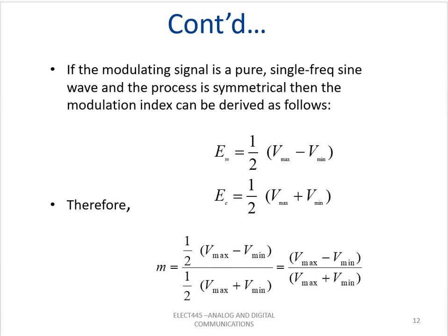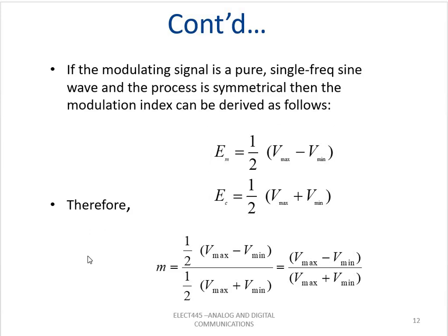If the modulating signal is a pure single frequency sine wave and the process is symmetrical, then the modulation index can be derived as follows. We can see from the above figure that Em is equal to 1/2 (Vmax minus Vmin), and Ec is equal to 1/2 (Vmax plus Vmin).